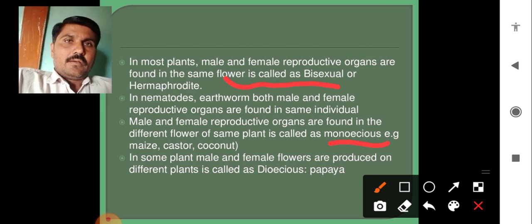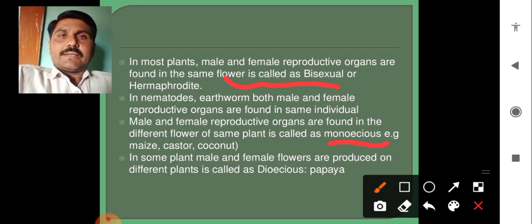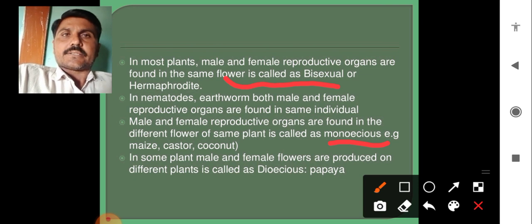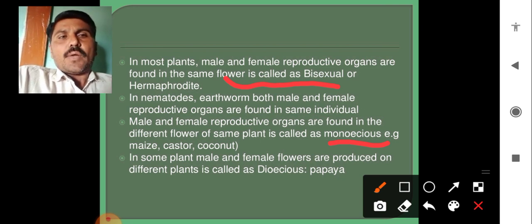Maize, commonly called Zea mays in botanical name, castor, Ricinus communis, and coconut. While in a few other plants, male and female flowers are produced on different plants.